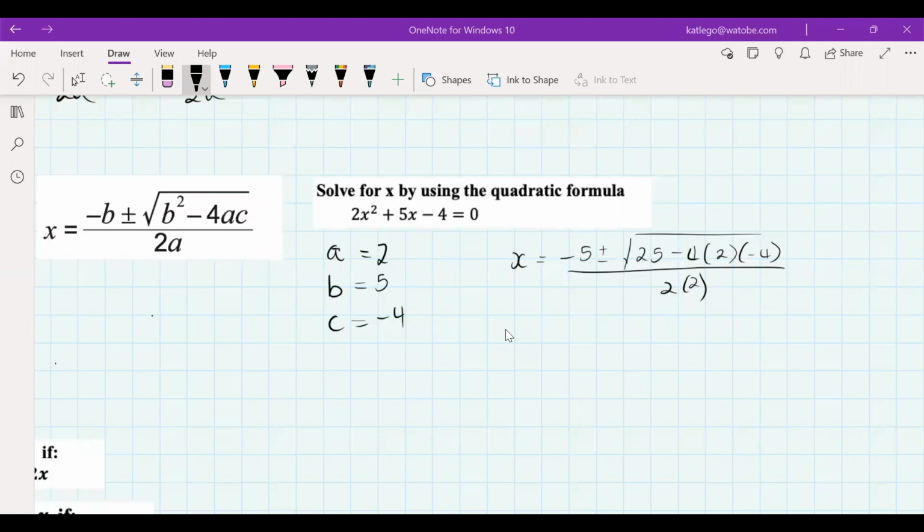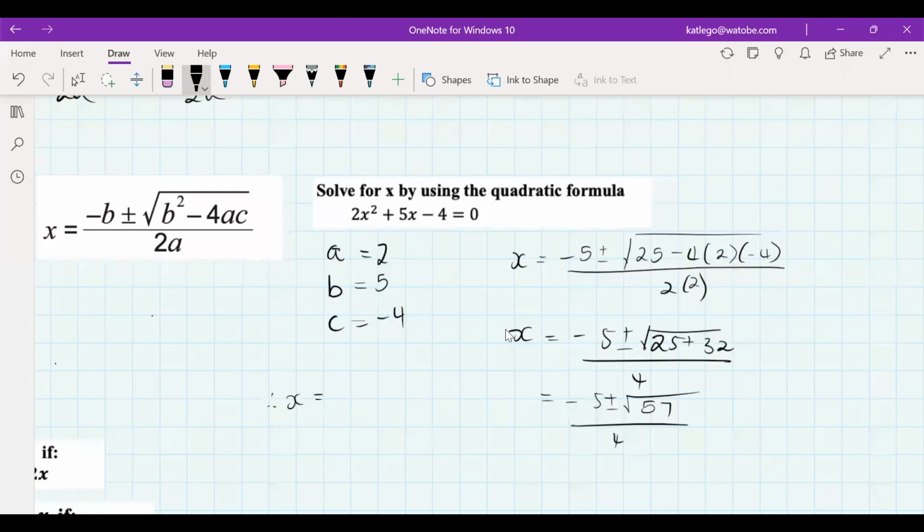So X is 16.32. Use your calculator. And you just wait for a few more answers on the chat. 0.63, 3.14.